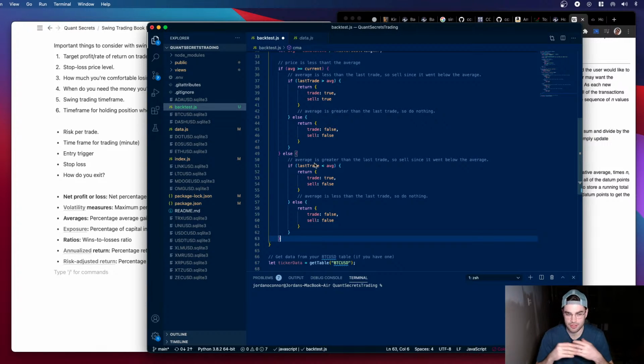But those are some of the things that you want to tweak, and you want to almost do a Monte Carlo analysis on, basically going through all the different ranges of your portfolio, 0 to 100%. Well, I guess it'd be 1 to 100% of your portfolio. How much are you actually going to bet against this trade? And maybe that's based on how quickly it's rising and how quickly it's falling. You never know.